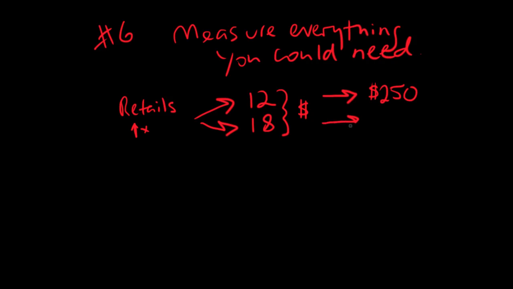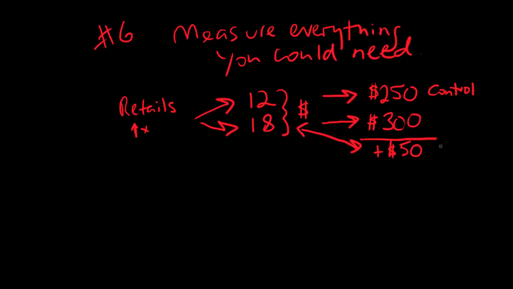So this is the control group, and the customers receiving the higher frequency of catalogs purchased $300. So that was a positive effect of $50 for the experimental group, which actually was an increase in sales of 20%.